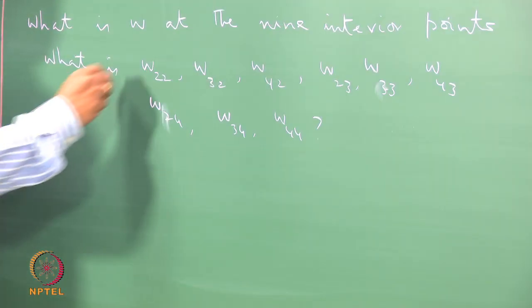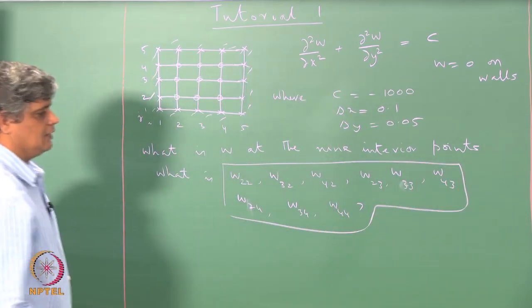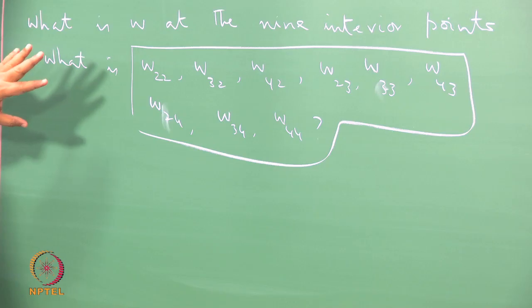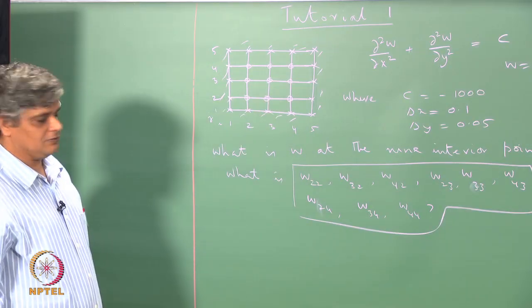So these are the 9 velocities that we need to determine, and all the other velocities are equal to 0.